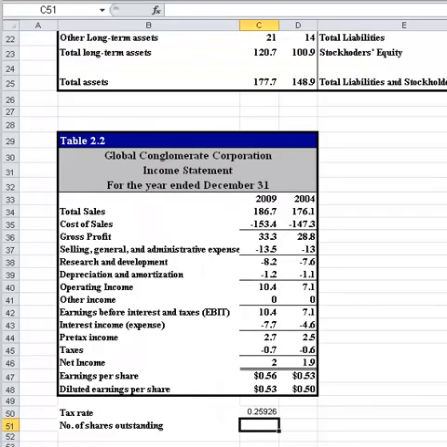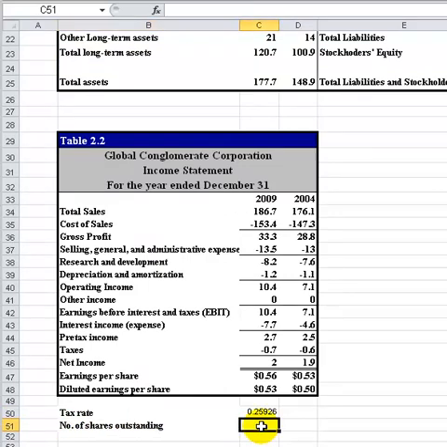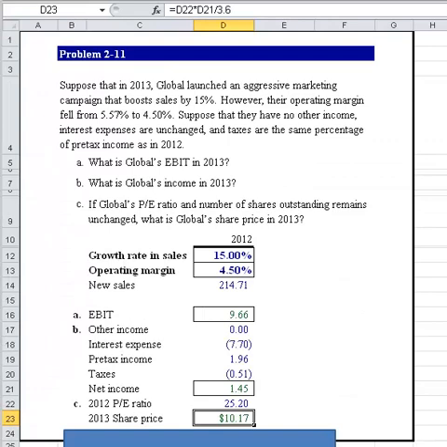Now, if we jump over here, and we wanted to compute the number of shares outstanding, and I just went ahead and typed this label in here, you would take the net income and divide it by earnings per share. And I come up with 3.59, which rounds to about 3.6, and that's where that 3.6 is coming in down here to break this down to the 2013 share price.